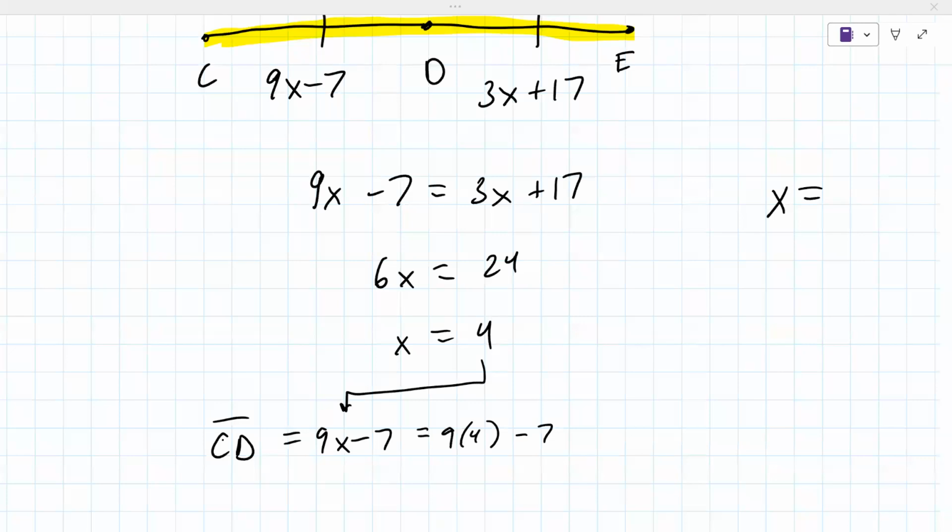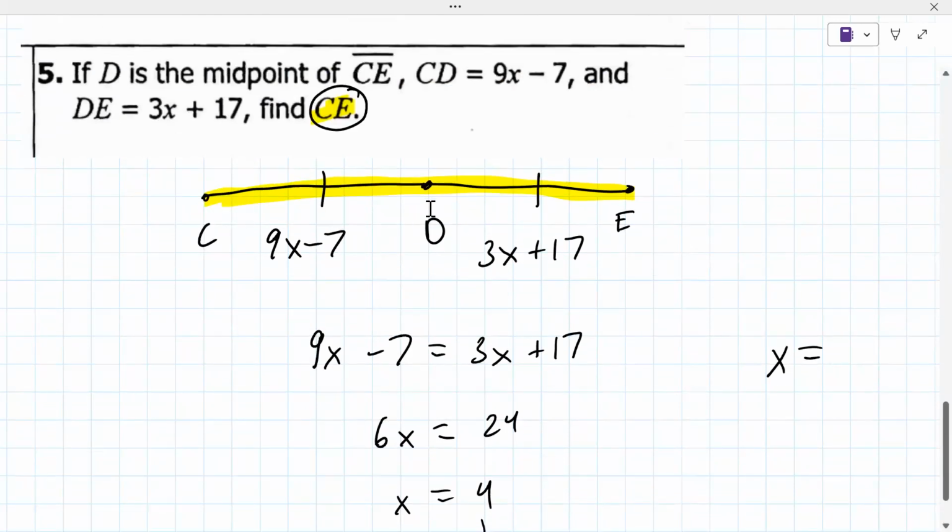It's 36 minus 7. 29. Yes. So that's the length of CD.